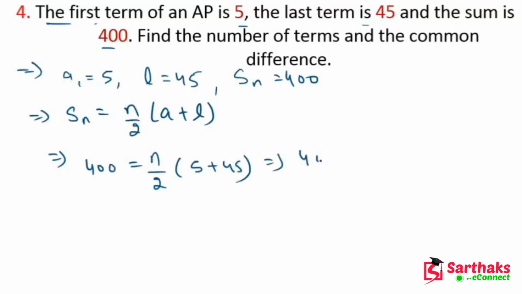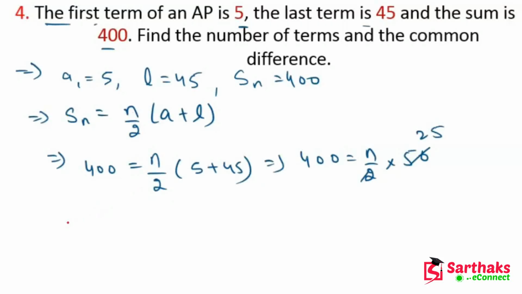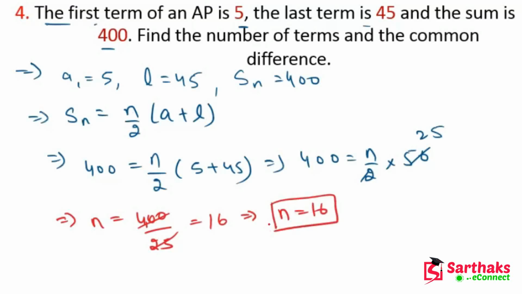So 400 is equal to n upon 2 into 50, and this becomes 25. So n is equal to 400 upon 25. If we divide, we get 16. So we have n equal to 16. Okay, now my dear friends, we have to find the value of d, meaning the common difference.